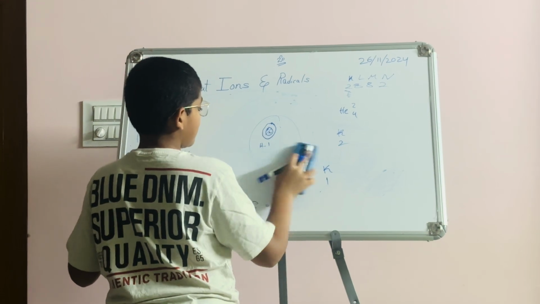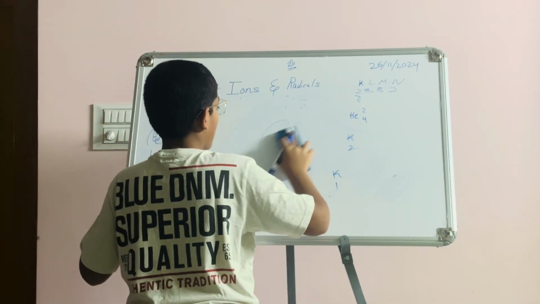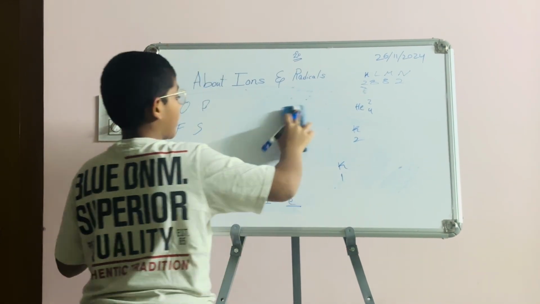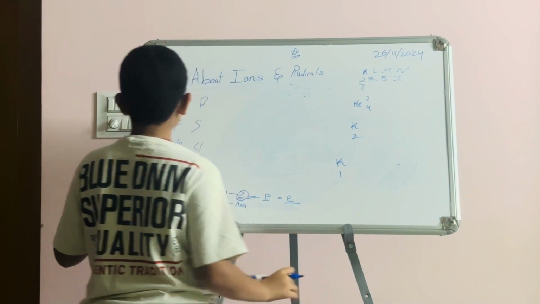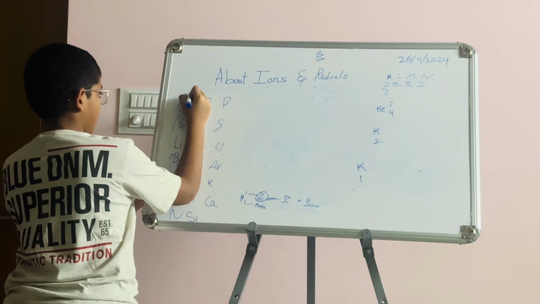The combining capacity of an element is known as its valency. What do you call it? Valency. We write the same on the top, like plus 1 or minus 1.